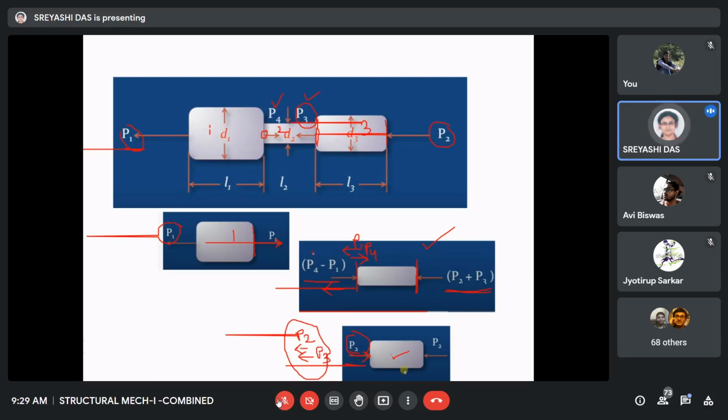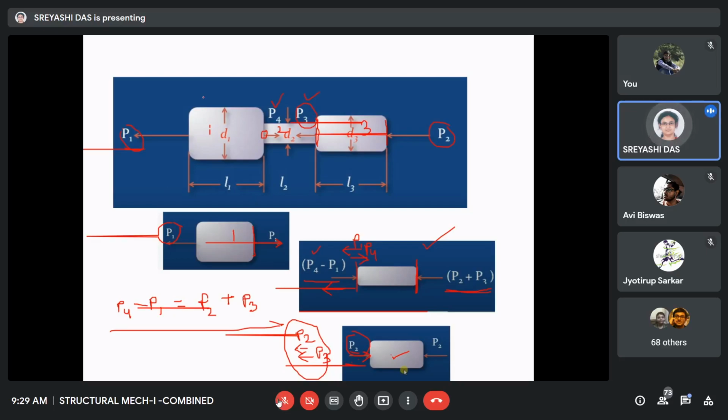In that case, you have to find P4 using this equation, because to maintain equilibrium, P4 minus P1 must be equal to P2 plus P3. So from this equation, you can find the unknown one, and then you can calculate the net deformation.